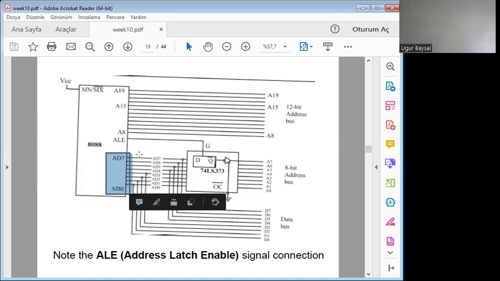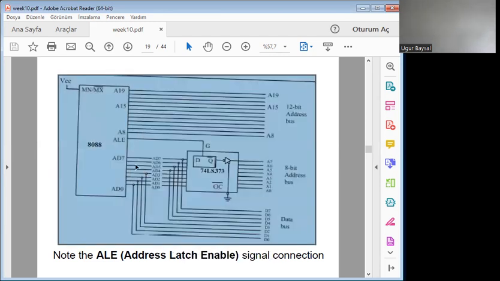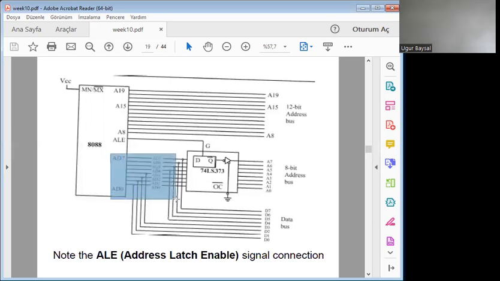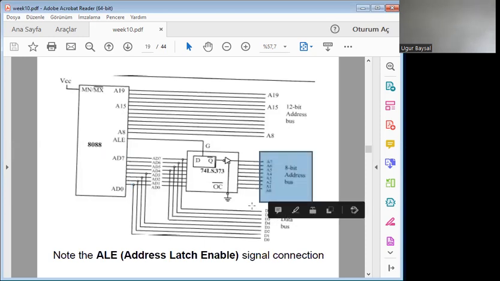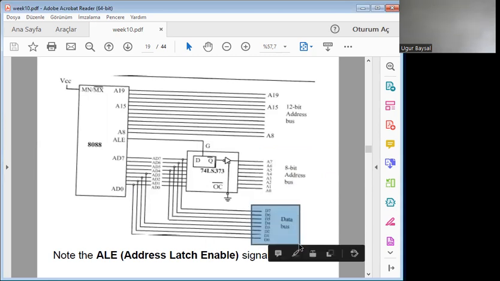It's simpler than the 8086. It has 20 physical address pins as usual, and the address and data bus are multiplexed so that at least one latch is required to latch the first, rightmost 8-bit address, and it's connected to the data bus.